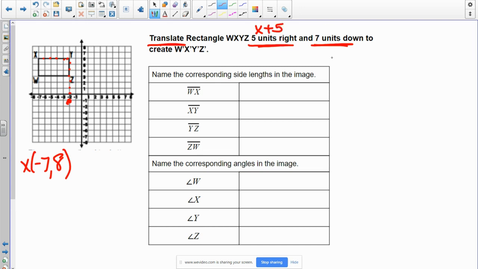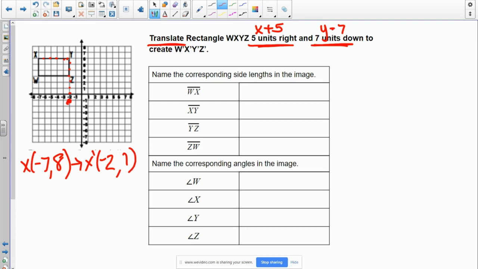And the y is up or down. Since we're going down, we're subtracting the 7. So I can just look at this. If I know my original, I know that I'm going to add 5, which means that x prime is going to be at -2. And then the 8, if I'm going to subtract 7, 8 minus 7 is 1. So I could go just to plotting it if you don't want to count it.